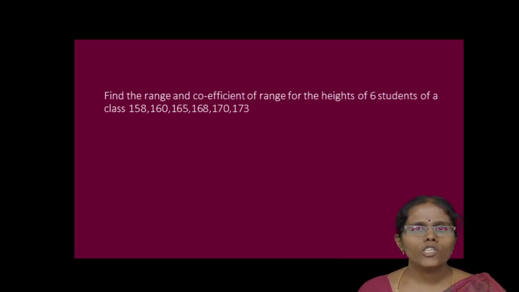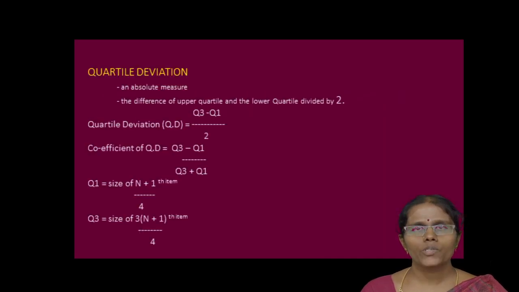Next, the coefficient of range: L minus S divided by L plus S. L minus S is 15, L plus S is 331. So the answer is 0.05.